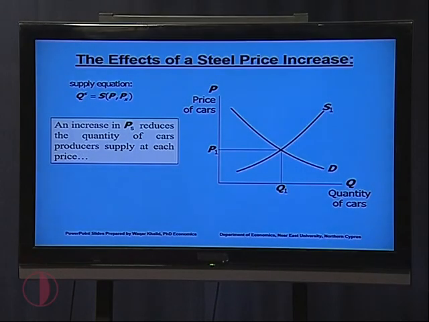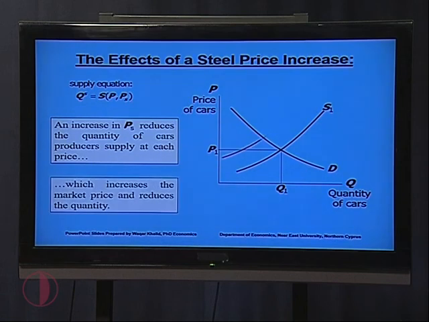Now if there is an increase in PS, it means an increase in the price of steel. An increase in the price of steel reduces the quantity of cars producers supply at each price. It means that the supply curve will shift towards the left side. Why?